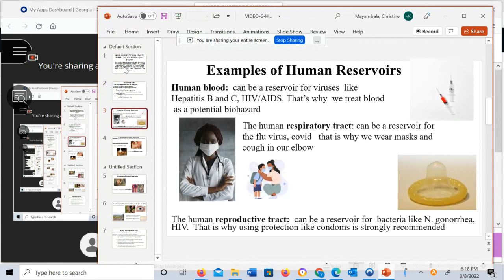We move on to slide number 3, and this is where I give examples of each of those 3 types of reservoirs for microbes. So the first example of human reservoirs is blood and blood products. Blood is a major source of certain viruses like hepatitis B, hepatitis C, and HIV.